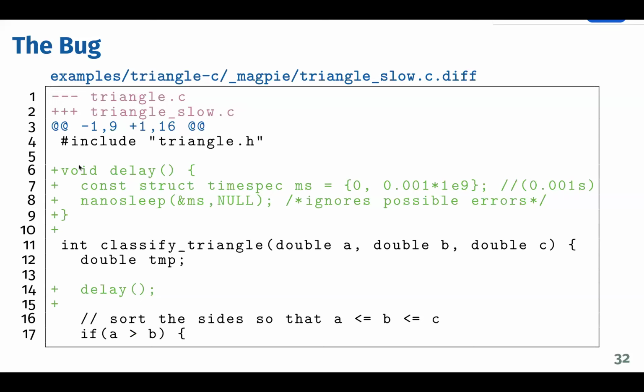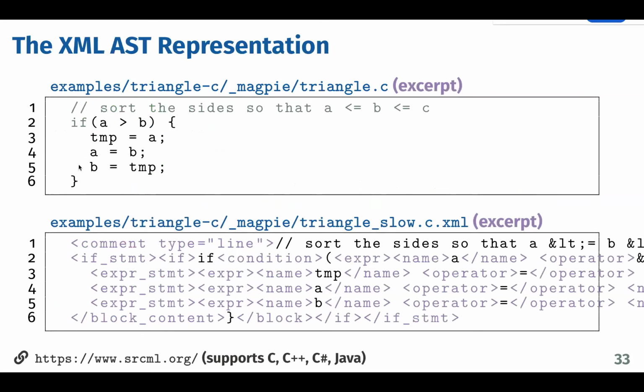So the bug is we introduce one function, and we just spend time on one call to that function. And what is the representation? So that's one fragment of the code. It takes two values and sorts them around.